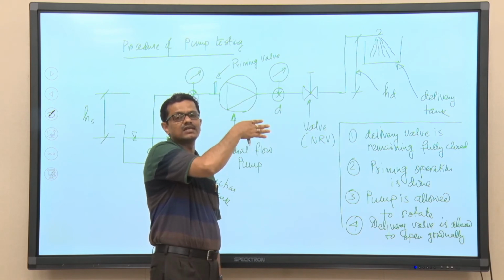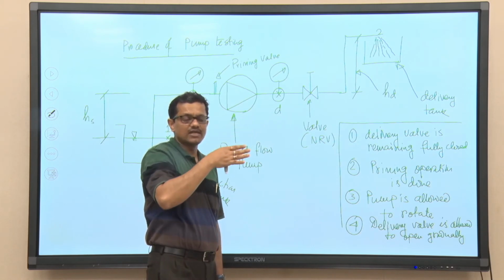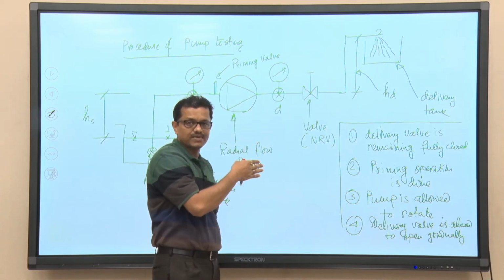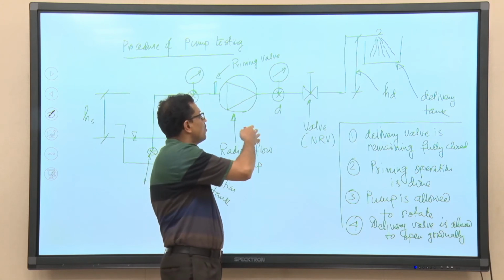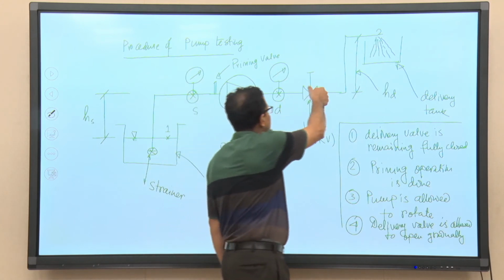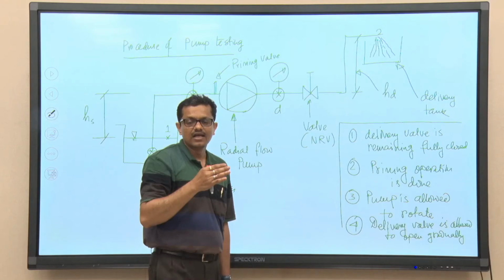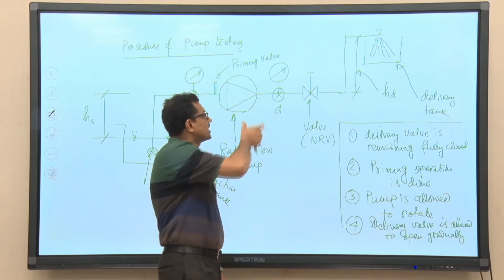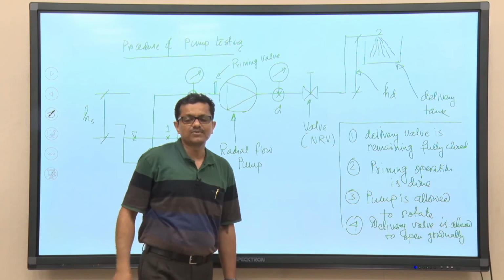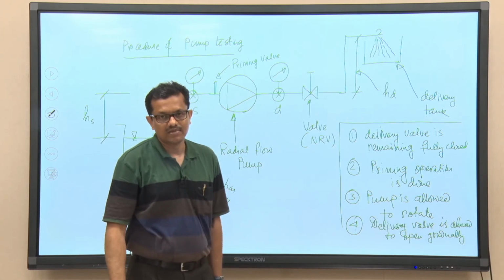If we allow the pump to run at a constant rated speed, then by gradually opening the delivery valve, we will continuously measure the discharge through the V-notch weir, and also measure the pressure difference across the pump. So, we can develop the HQ curve, right.